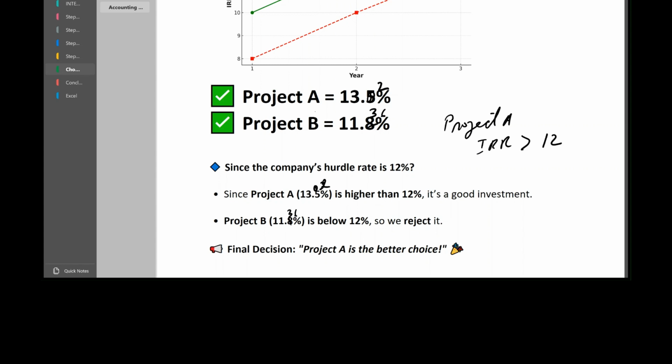The minimum rate required by the company is 12%. So you can say project A is a better choice because it generates an internal rate of return that is greater than B and greater than 12%.